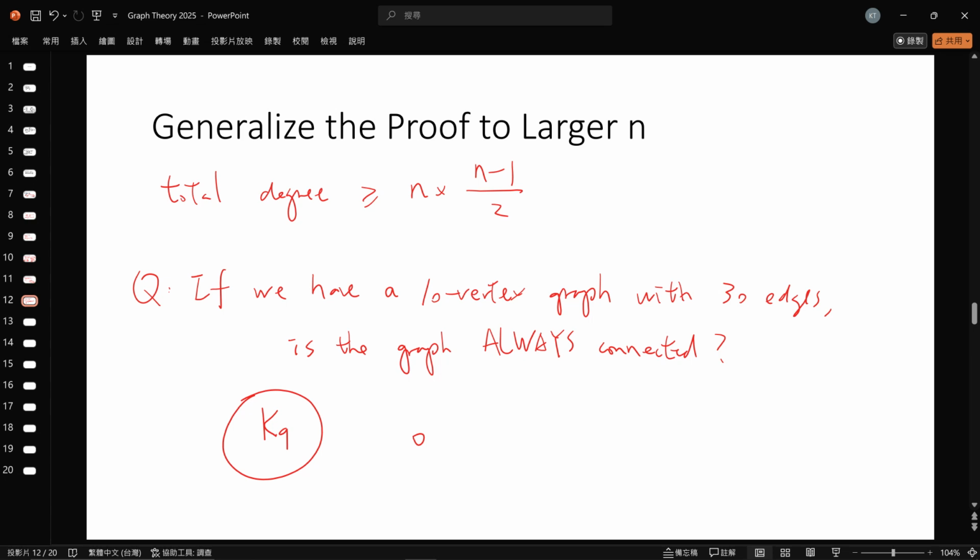So what is the number of edges? If you have 9 vertices and it is a complete graph, it is 9 times 8 divided by 2, so there will be 36. So if you have 37 edges, then you must have a connected graph. So how do we get this number?